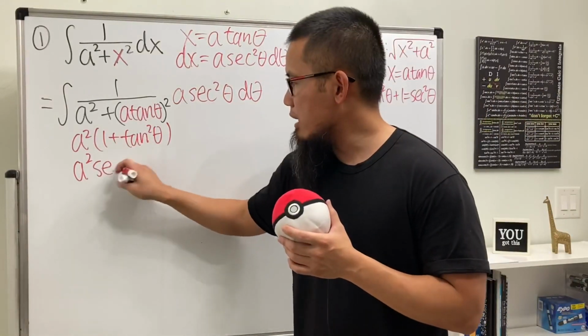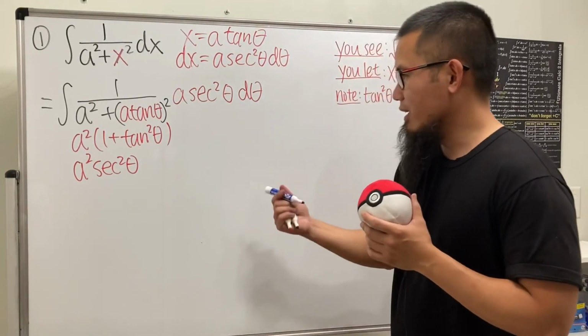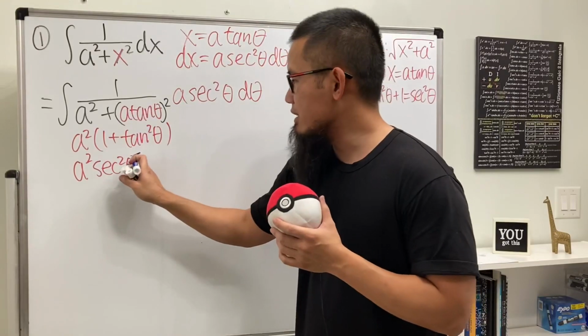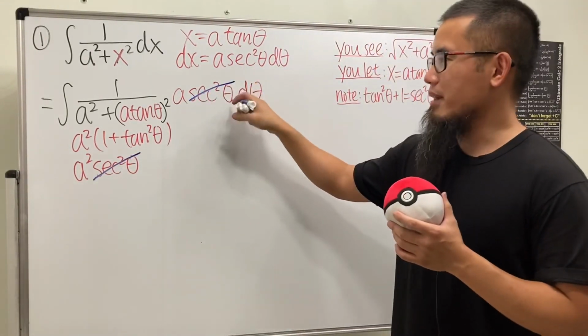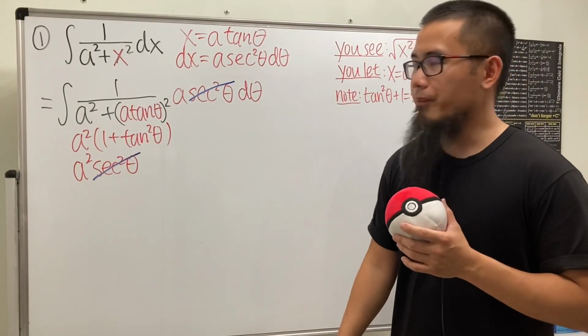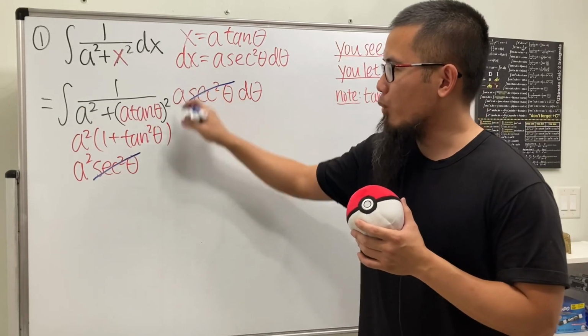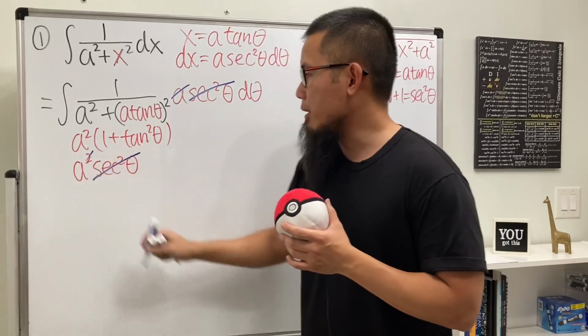So let's write that down. And now here's the deal. As we can see, right here we have the secant squared theta on the bottom, and we also have the secant squared theta right here, so they can cancel out completely. But be really careful though. This is only a to the first power, but this is a squared on the bottom. So we can only cancel one of them out.